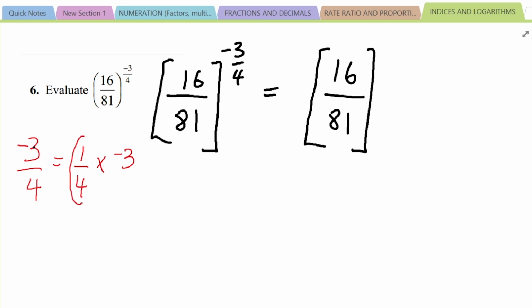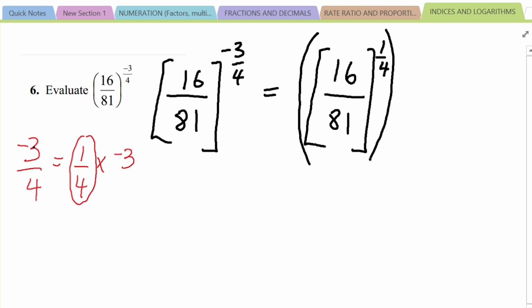So we isolate the quarter, and the quarter is what we're going to put up here. So this is going to be equal to a quarter, and then this whole thing is to the power negative 3.